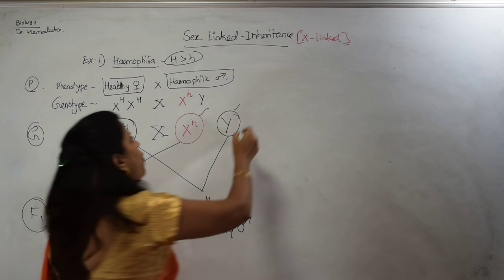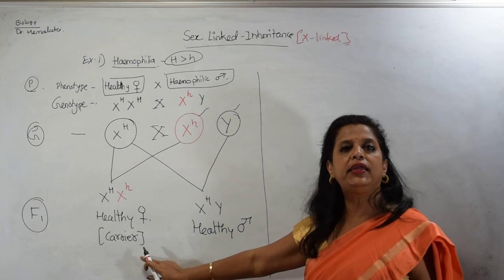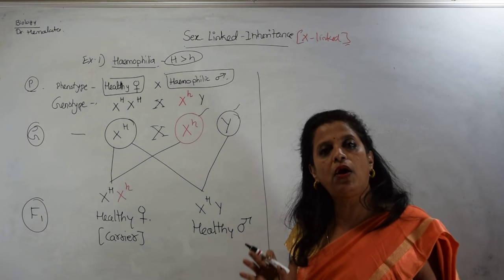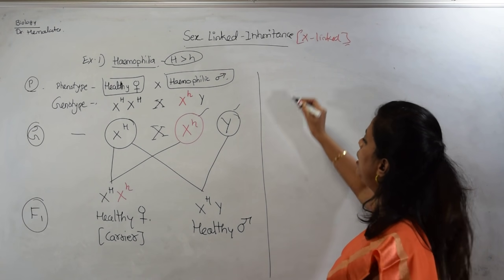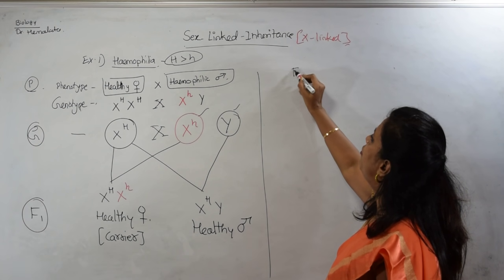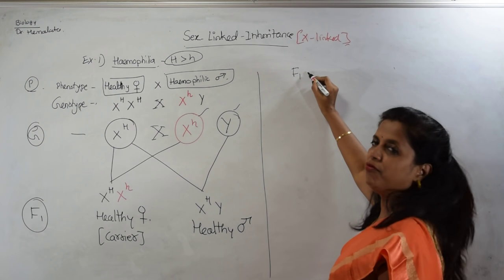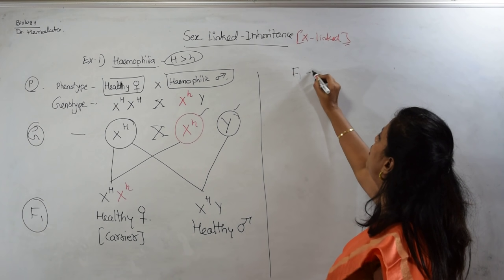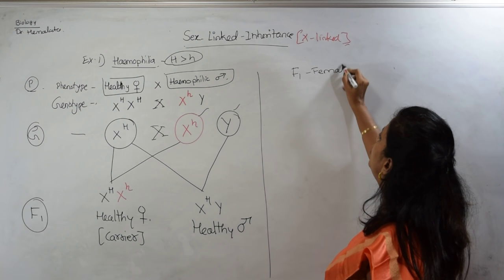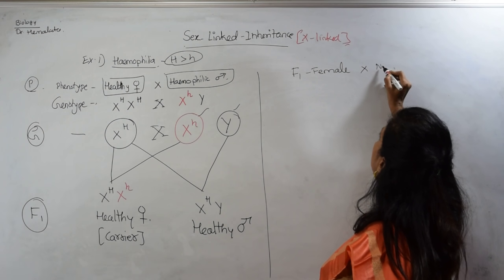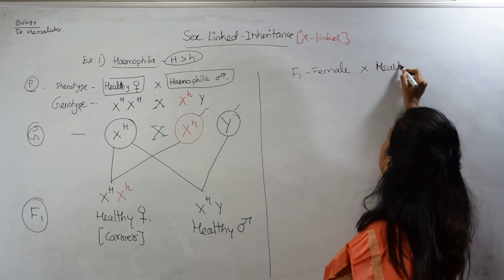Okay. Now, what happens if such carrier females are married to a normal healthy man? I am writing here: F1 females marrying a normal, healthy male.